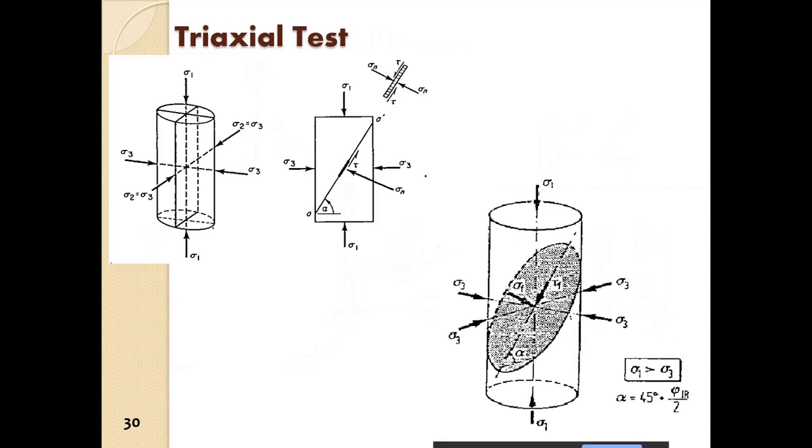All right. So in triaxial, the advantage is that we are already in the major principal orientation. So we have sigma 1, which is the major principal stress, and we have sigma 3, which is the minor principal stress. So we are already in the principal plane orientation. So we just plot sigma 1 and sigma 3, and we get the Mohr circle.